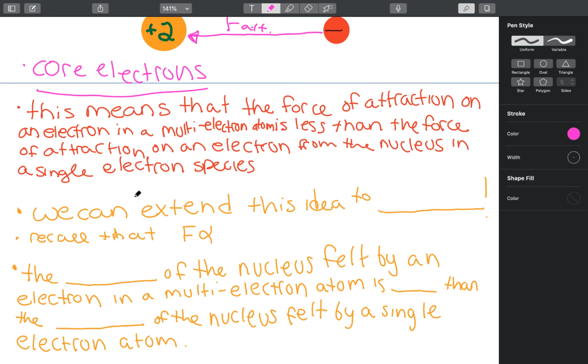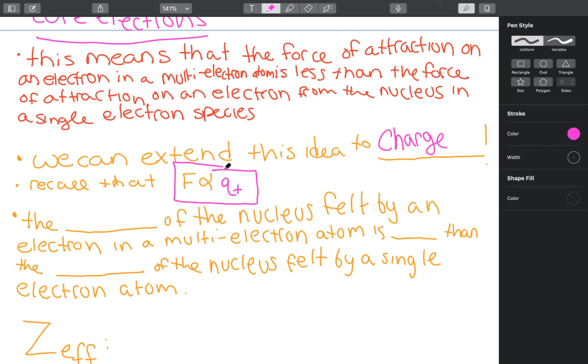So we can extend this idea to charge. And we can sort of make sense of this because the force of attraction or the force of repulsion between two charged bodies is directly proportional to the charge of the nucleus, so the positive charge. So as the positive charge of our nucleus increases, the force of attraction towards an electron increases as well.